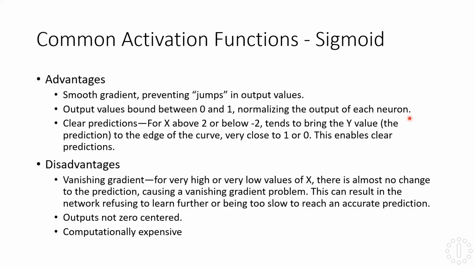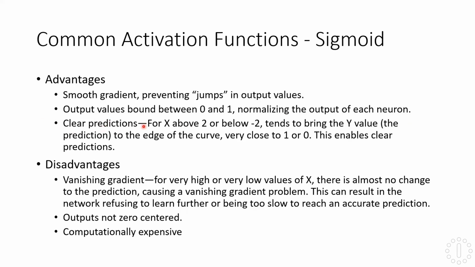Unlike, for example, the ReLU function, in which the value can go as high as the output that we get from the previous neurons, here the output value is normalized. So there won't be any neurons that output much larger or much smaller values than any others.